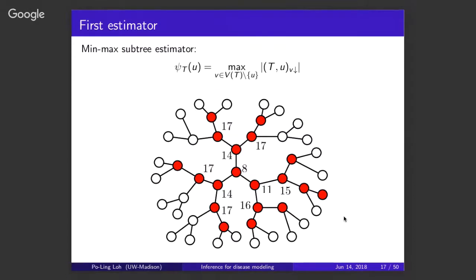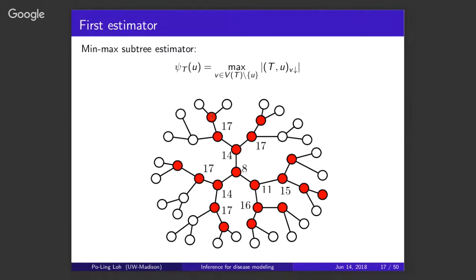Something to notice is that, in fact, the smallest values of this criterion are towards the center of the tree, and the largest ones are further out. Another way to see that is if you were to compute the criterion for a node that was a leaf, then the value of this criterion would be n-1, where n is the number of nodes.